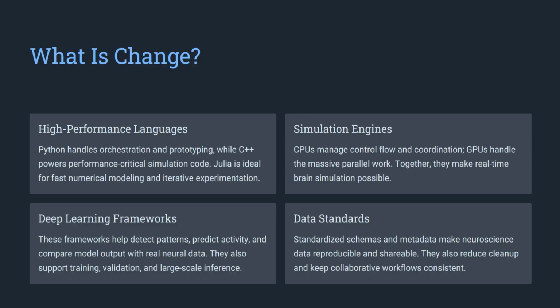The third thing that changed is deep learning frameworks that help us detect patterns, predict cell activity, and compare them with real world data. The final one is data standards, which allow scientists to share and reuse research without the nightmare of cleaning up the data manually.